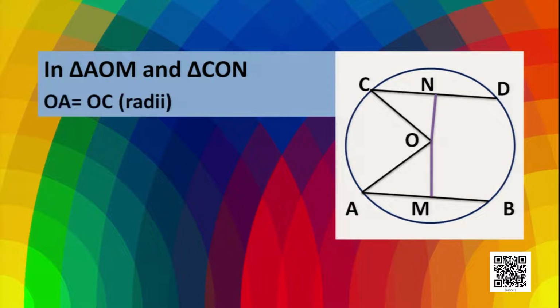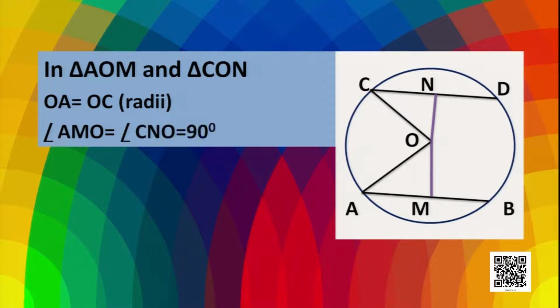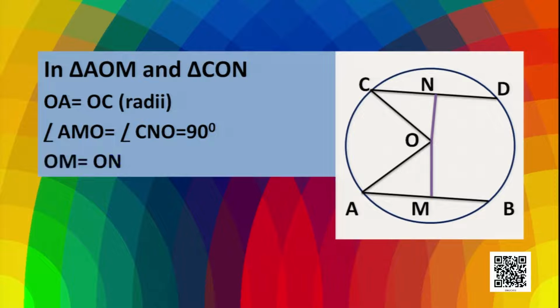OA is equal to OC, that is radii of the same circle, and angle AMO equal to angle CNO, that is right angle, as OM and ON are perpendicular to AB and CD respectively. Then OM and ON are also equal as it is given.